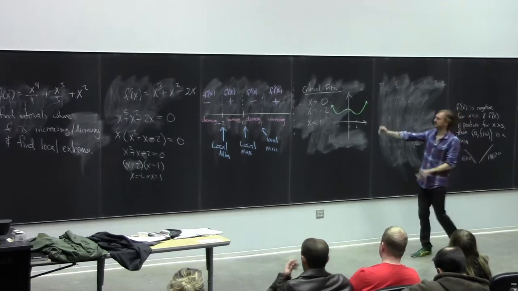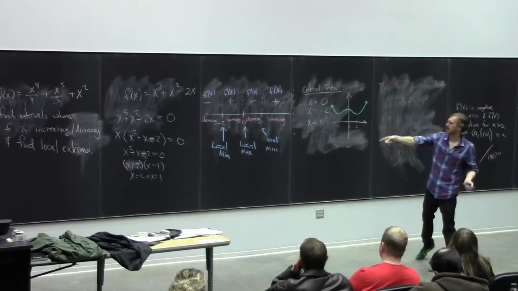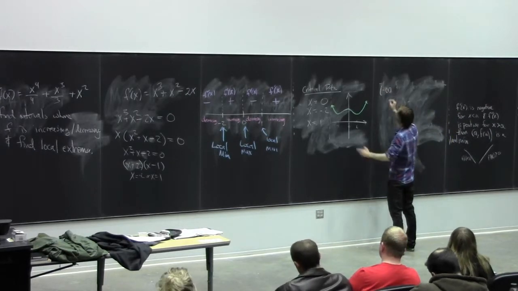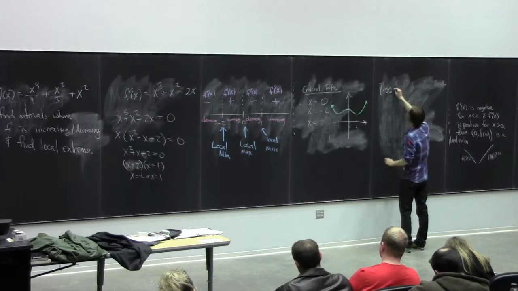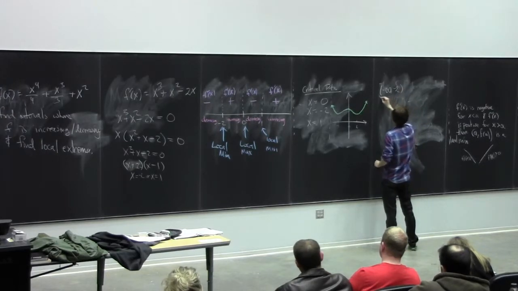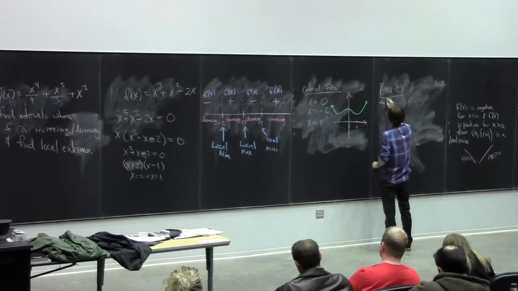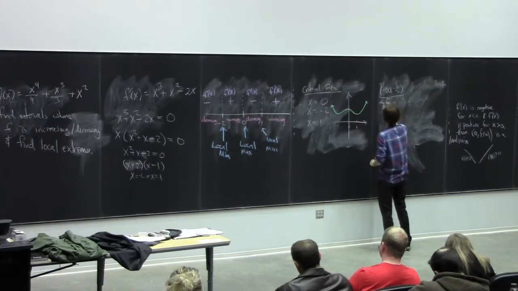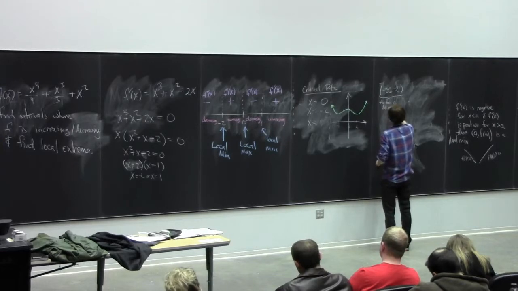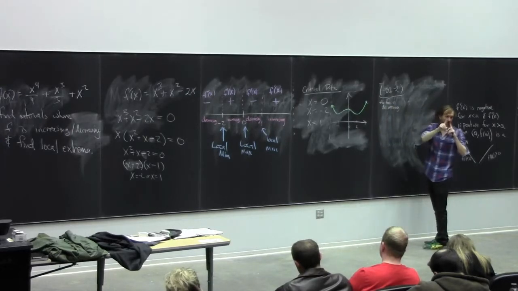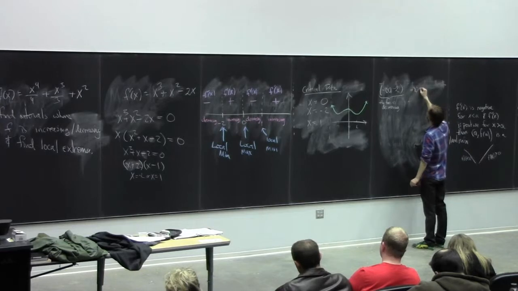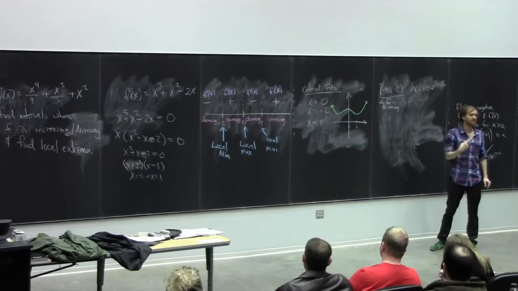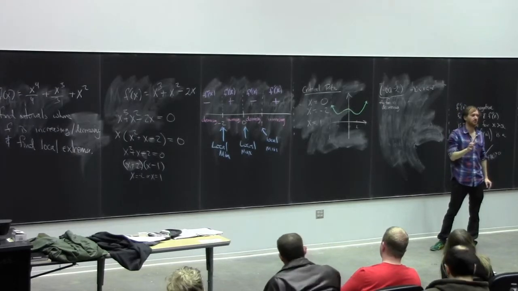I drew some crappy sketch. Sorry. The intervals are going to be minus infinity to -2. The function is decreasing. You could also write, if you're more comfortable with it, minus infinity less than x less than -2. That's perfectly fine.